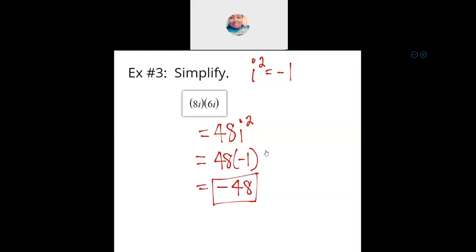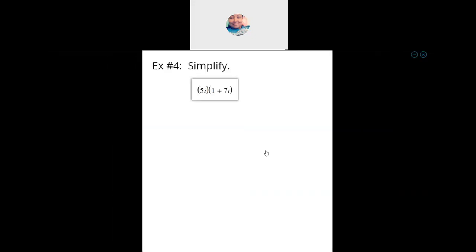So that's all we have to do for this problem. Let's go ahead and do another one. Our second one for multiplying is 5i times 1 plus 7i. This one is a little bit different from the first example, but the same process.